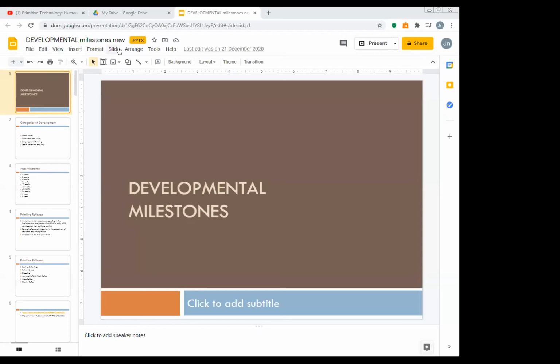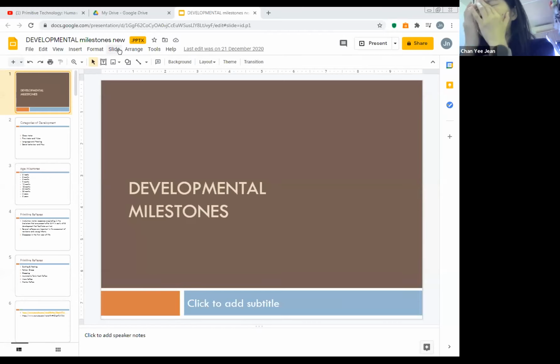Okay. So we're going to talk about developmental milestones today. Basically, the aim is so that you guys know what's normal and what's not normal, because if any part of the development is not normal, the child will require assessment.